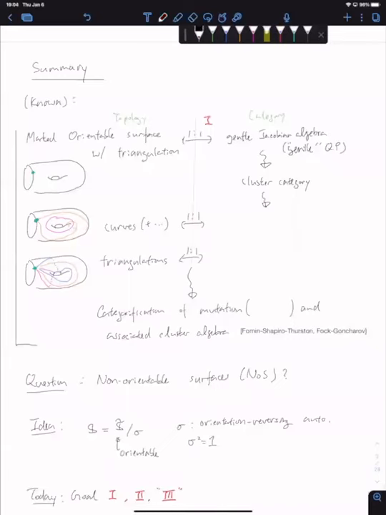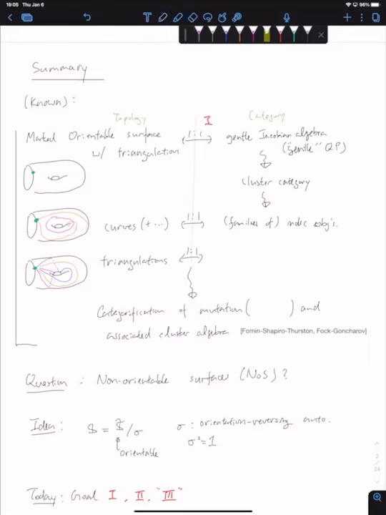Next we would like to consider curves, things like this one which goes around the torus, and they correspond to certain families of indecomposable objects in the cluster category.